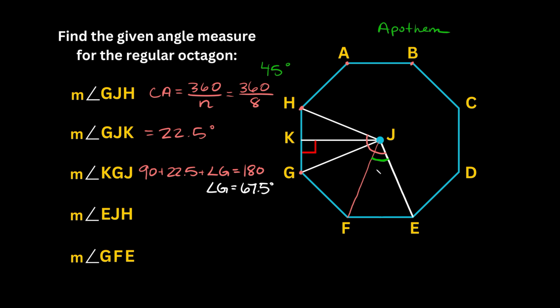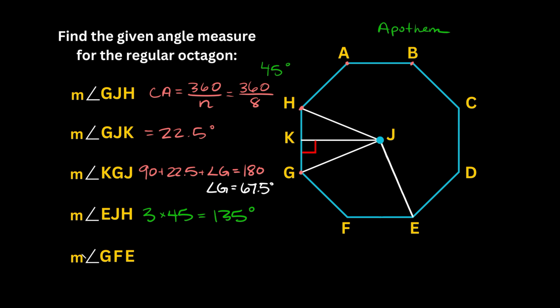So this is 45 degrees right here. But we also have another central angle right here. And we also have a third central angle right here. So we have 3 central angles, and each of them is 45 degrees. So we could say 3 times 45, and that's equal to 135 degrees. So that's the measure of this full angle right here.